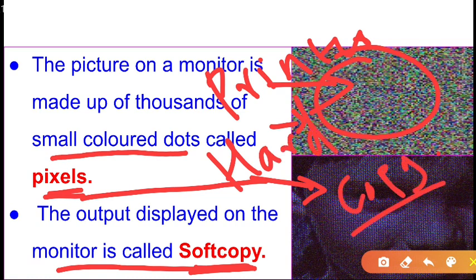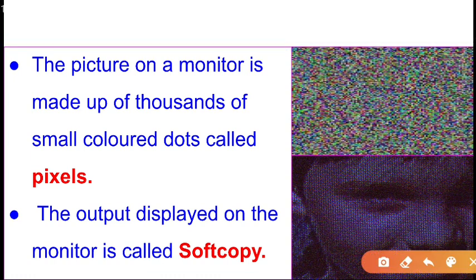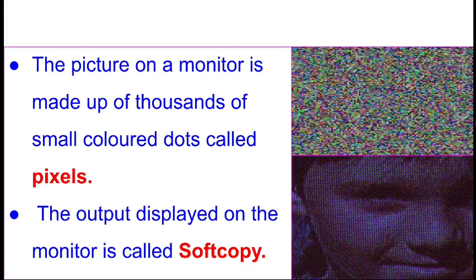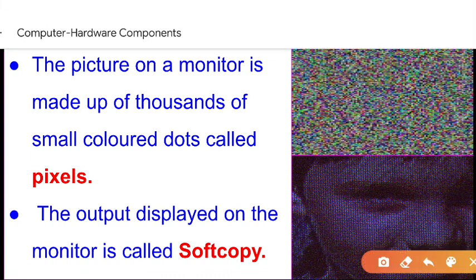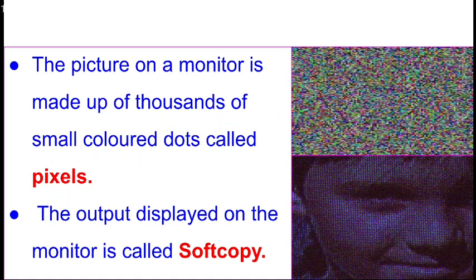So very important definition: the output displayed on the monitor is called soft copy. Now the picture on the monitor is made up of thousands of small colored dots, which are called pixels. So this is also a very important definition. What are pixels?